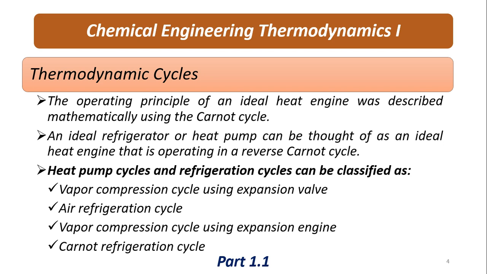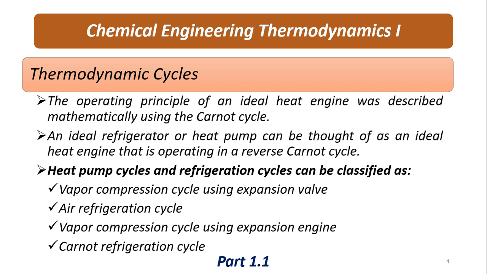Actually, in the Carnot cycle, there are isothermal and adiabatic processes, for the compression as well as for the expansion. An ideal refrigerator or heat pump can be thought of as an ideal heat engine operating in a reverse Carnot cycle, a reverse system, which means that there is a two-way system.